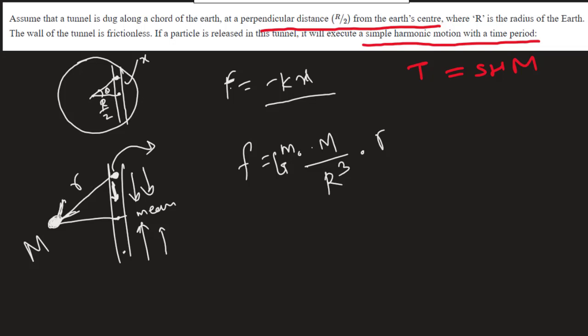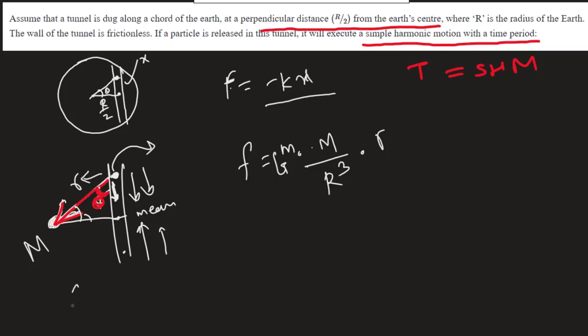So you can see that this force is acting in this direction, like that. So we can split this force into horizontal and vertical components. So we have to find this particular vertical component. Let us assume that this angle is theta. Over here, this is the angle theta.